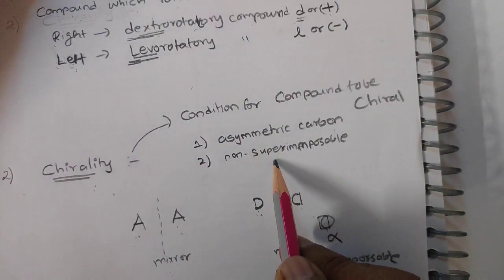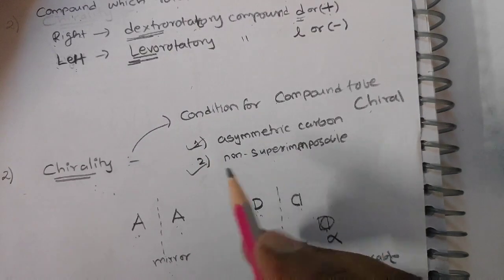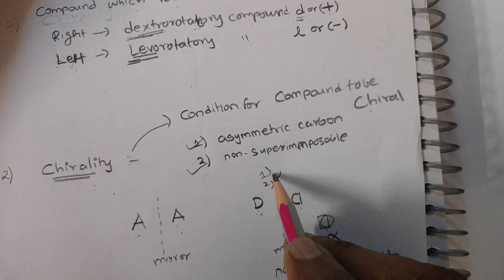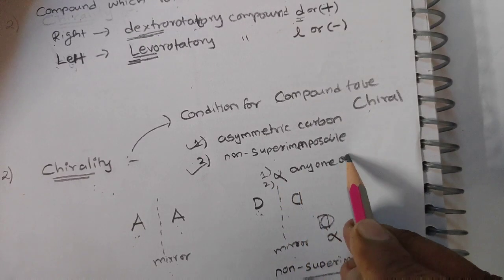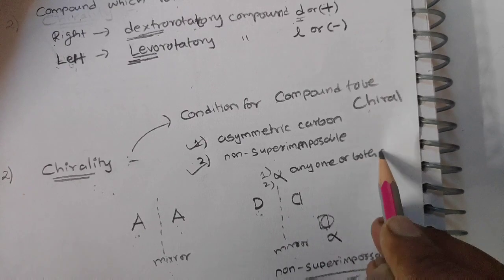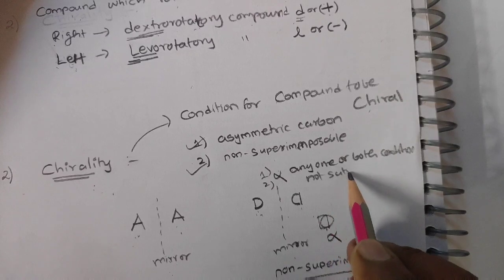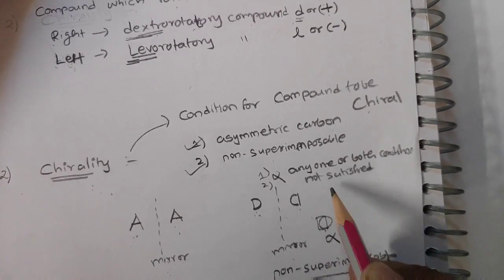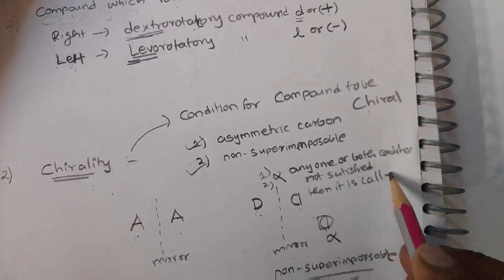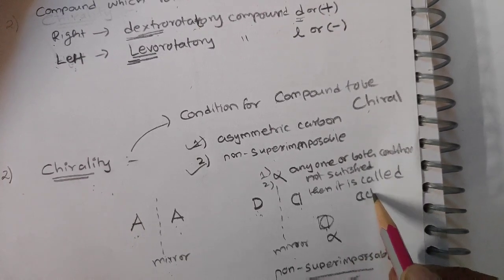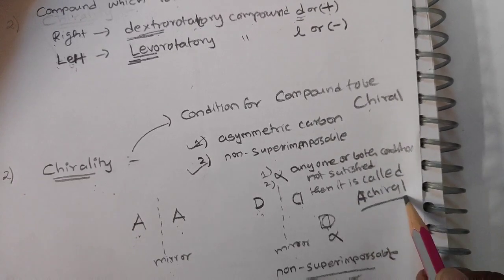If these two conditions are satisfied, you can say that a compound is chiral. If the first or second condition, any one or both, are not satisfied, then it is called achiral compound. Achiral compound, you can write like this also, right?